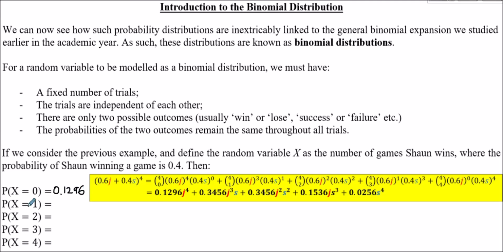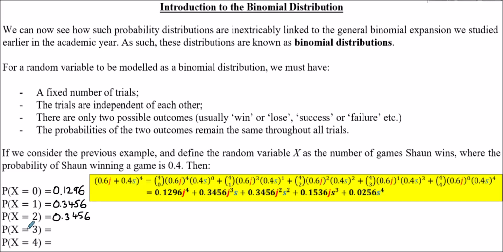The probability of winning just one game is this one here, where the power of s is just 1, so that's 0.3456. Winning 2 games, s squared for 2 games, again 0.3456. Don't read anything into these being the same too much. It's not necessarily the case for different questions. It might be, it might not.